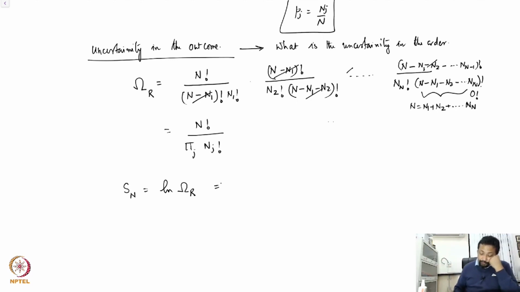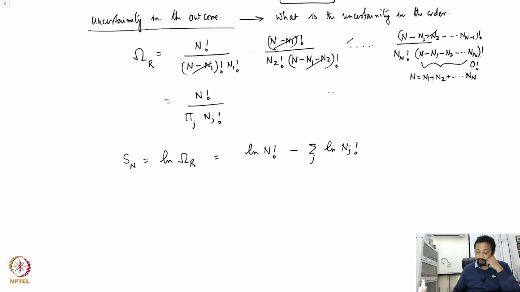Correct? So therefore, this becomes ln n factorial minus sum over j ln nj factorial, right? And if I use Stirling's approximation, then this is n ln n minus n minus sum over j nj ln nj minus nj, right?